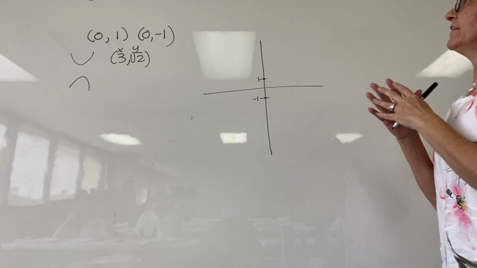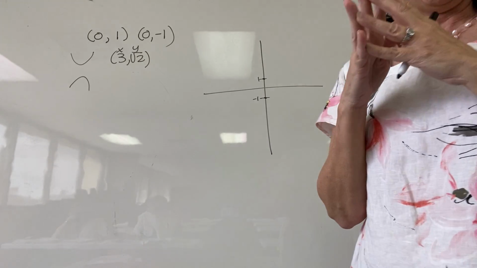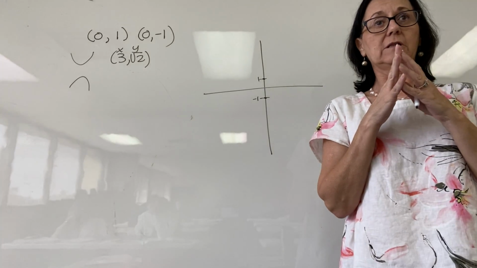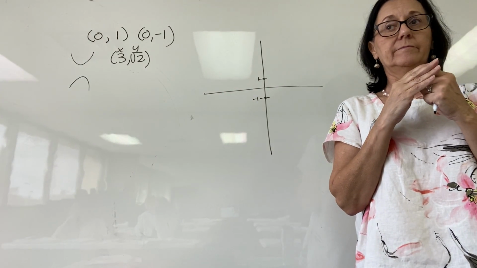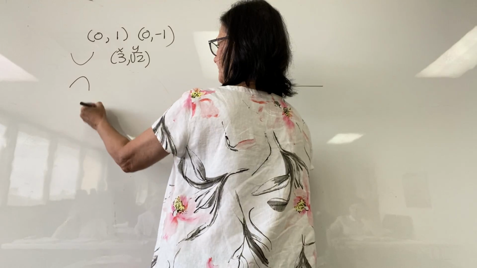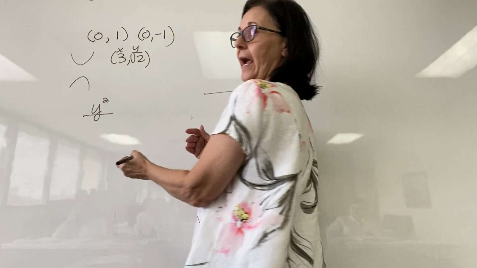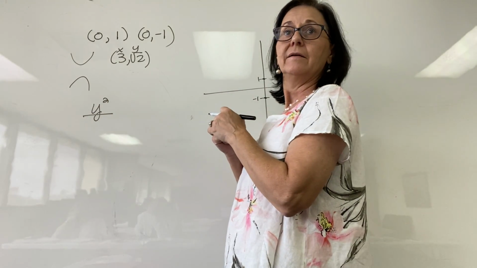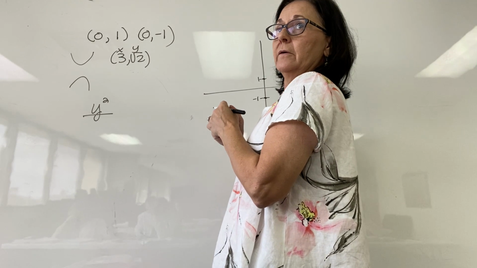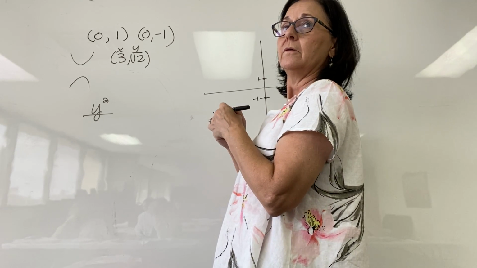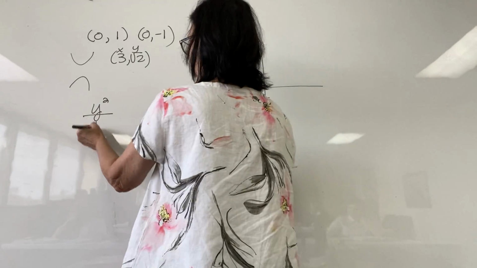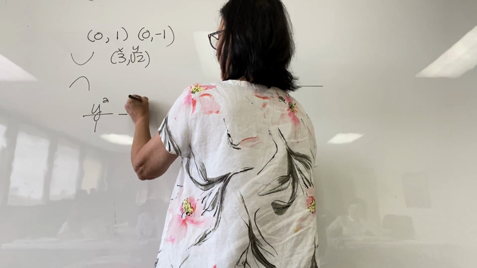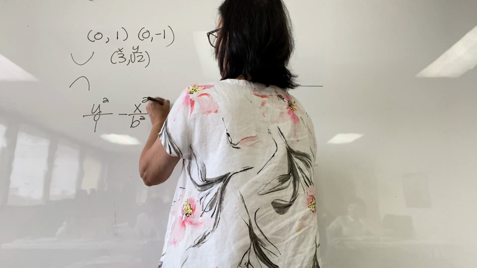Now, having this information, what is my equation going to look like? What's going to be first? Y squared over A squared. What's my A value? 1. 1 squared is 1. Minus X squared over B squared equals 1.